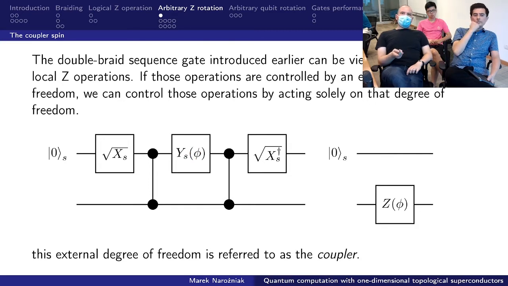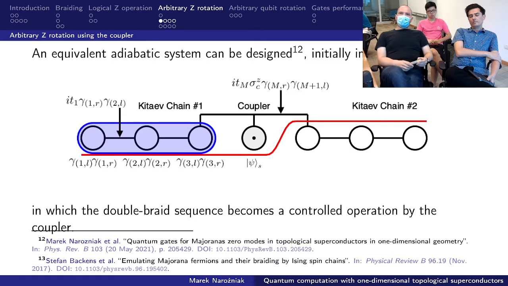And this approach is going to be translated to the adiabatic protocols we described earlier as follows. As you remember, applying the double braid sequence required having a different sign of the hopping term in the middle; we moved the domain through the special region where the hopping term was different.